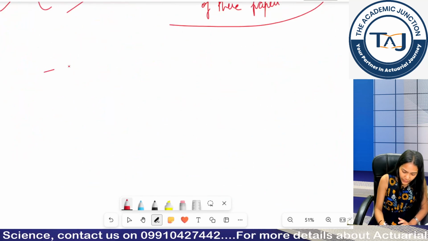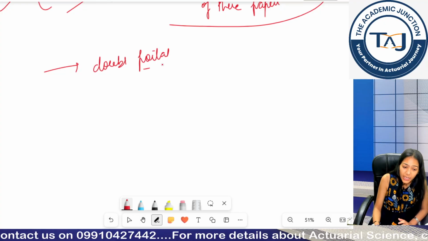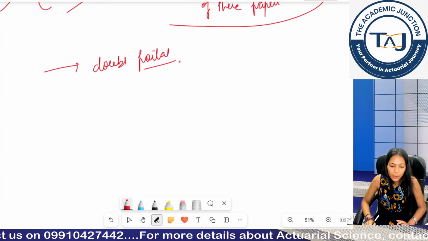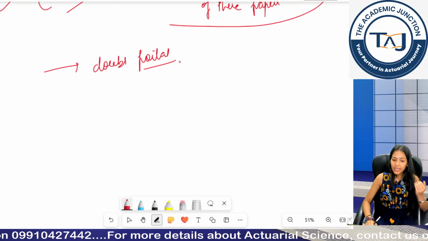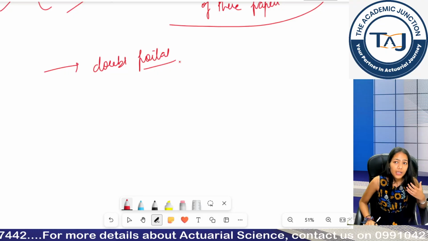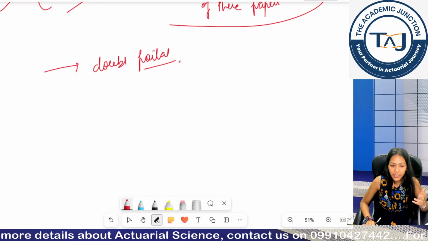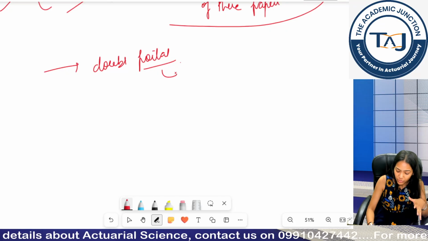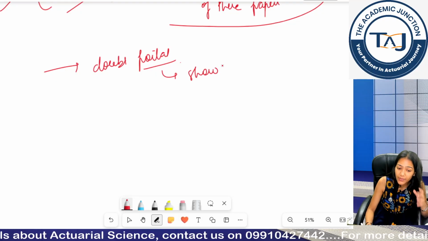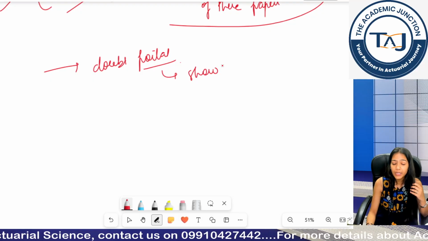Then you will be having the access to the doubt portal. In case you have any doubt, you can put it in the doubt portal. Now what I expect you to do when using this doubt portal is, for example, if you are getting a doubt in question number 1, I want you to submit your working in the doubt portal and tell me the exact step where you are getting the doubt.